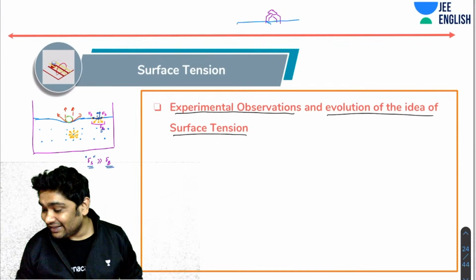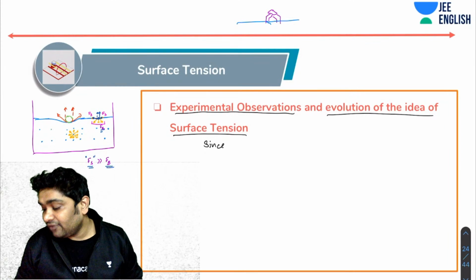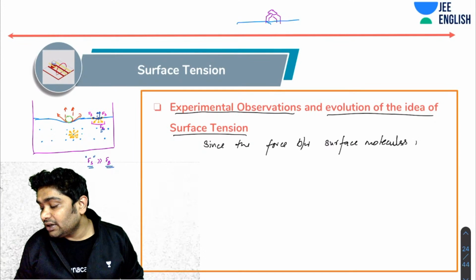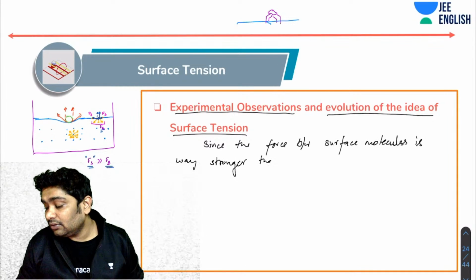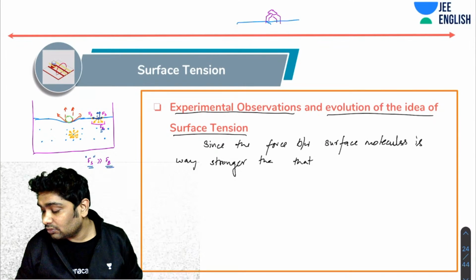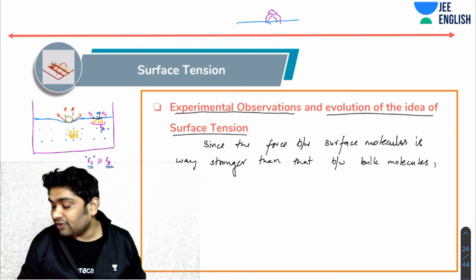Okay, so I can say that since the force between surface molecules is way stronger than that between bulk molecules, bulk molecules meaning molecules which are inside the volume, the surface tends to behave like a solid.